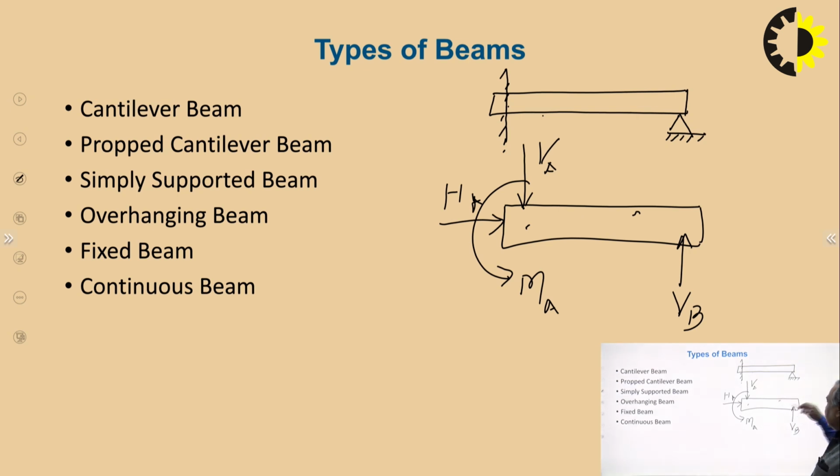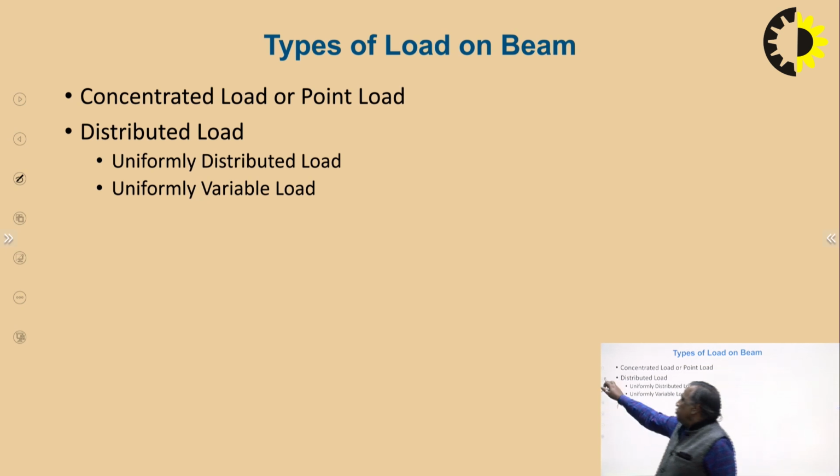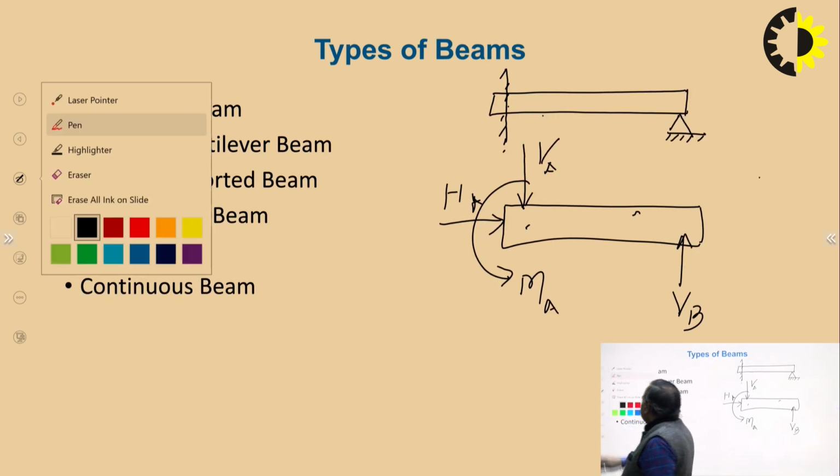Now, come to the next, the simply supported beam. A simply supported beam is a beam which is supported by a roller, hinge, or knife edge and hinge at its ends.